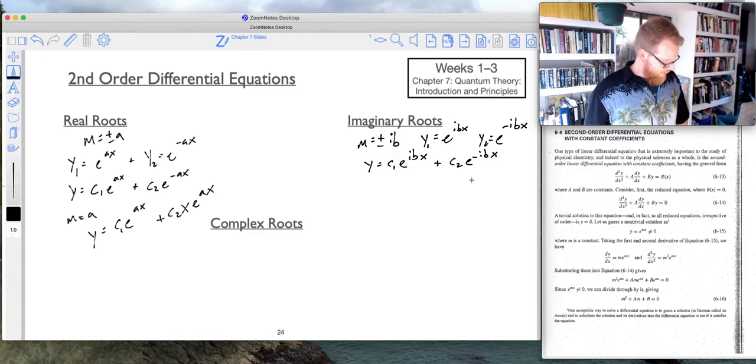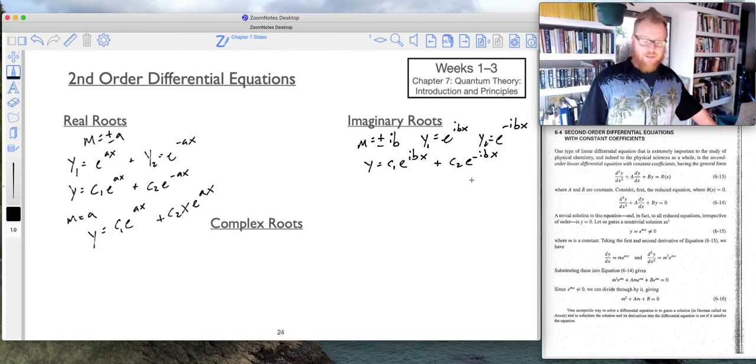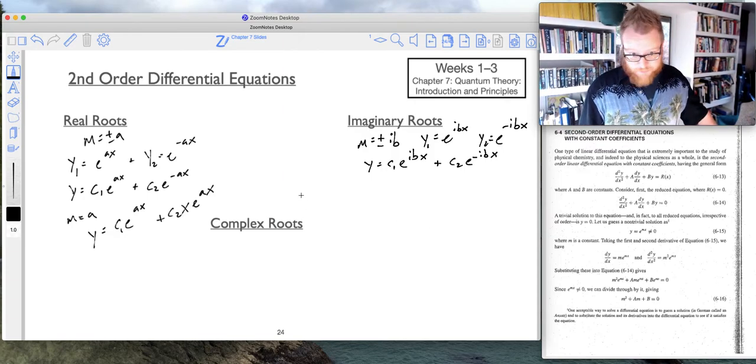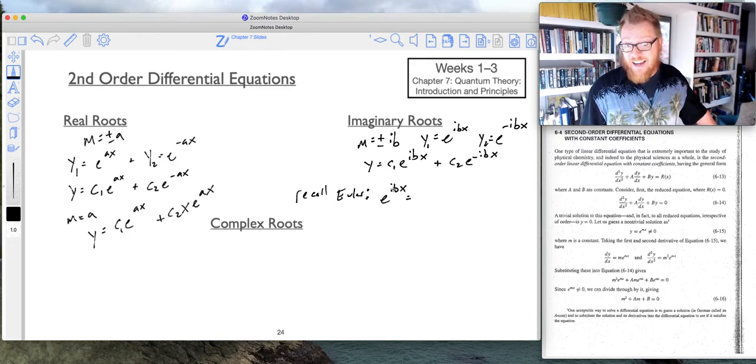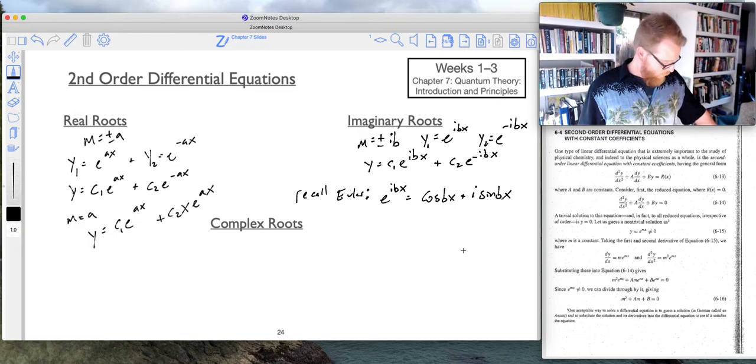And here's where I want to take a step and remind you of Euler. So recall the Euler solutions. If I write e to the ibx, when we have e raised to the power of an imaginary number, we can actually write this as cosine bx plus i sine bx, which is very cool.